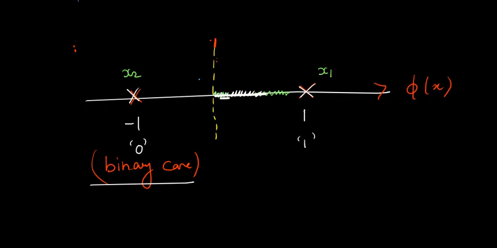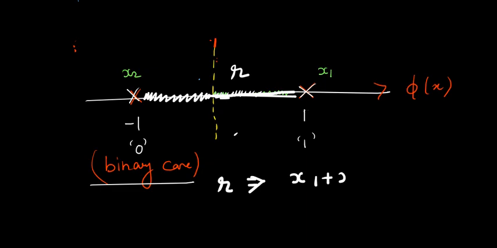So if your R lies here, in this part you will say x1 was transmitted. If it lies here, it means R is greater than (x1 plus x2) by 2.